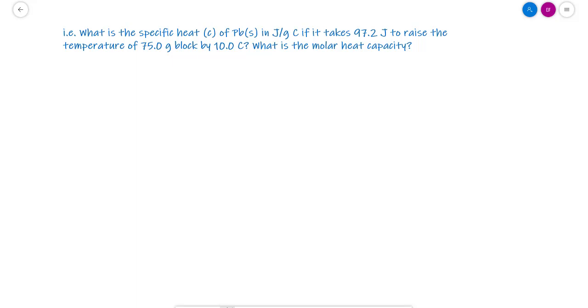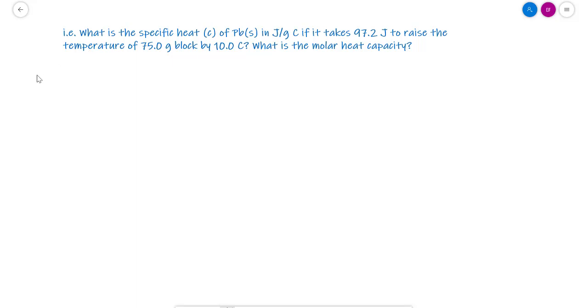So the question says, what is the specific heat, or C, of Pb solid, lead solid, in units of joules per gram Celsius if it takes 97.2 joules to raise the temperature of a 75.0 gram block of lead by exactly 10.0 degrees Celsius. And the second question then is to convert that specific heat to a molar heat capacity.